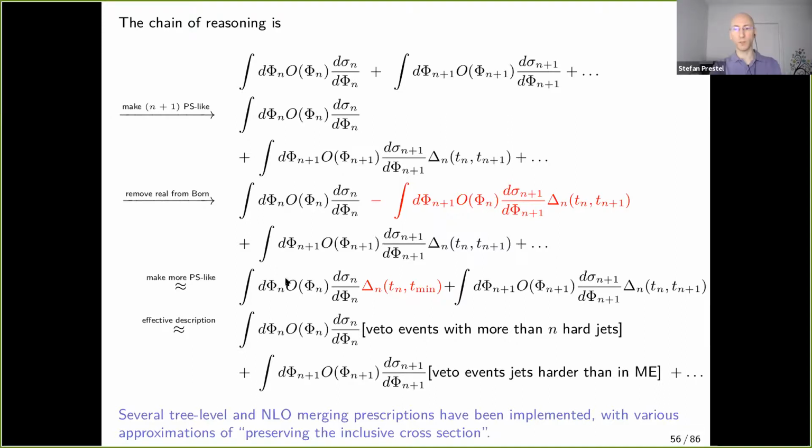This is the first piece of the shower. This is now the second piece of the shower. There is a caveat here, meaning that this is really only true if the parton shower would exactly recover the real emission contributions. So that can be true in some special cases, but not always. So this is why there's a bit of an approximation here.